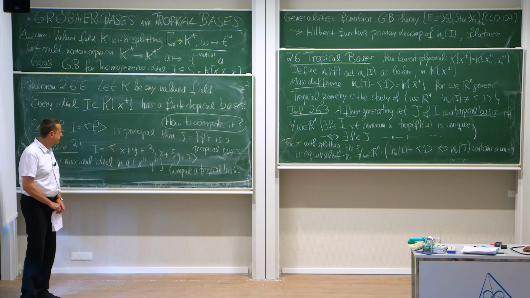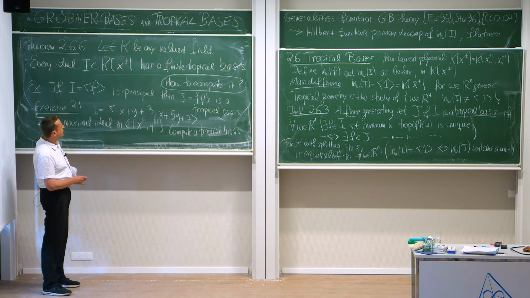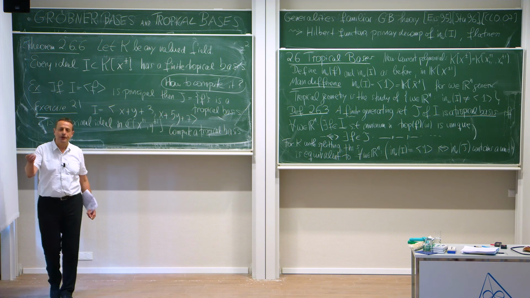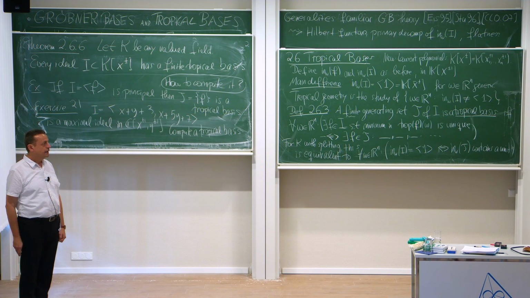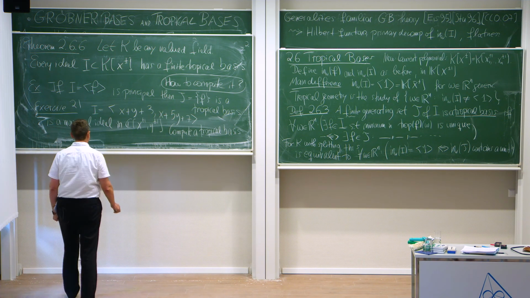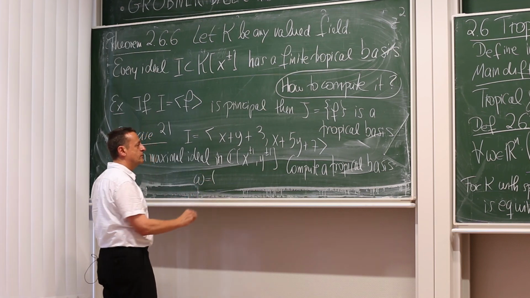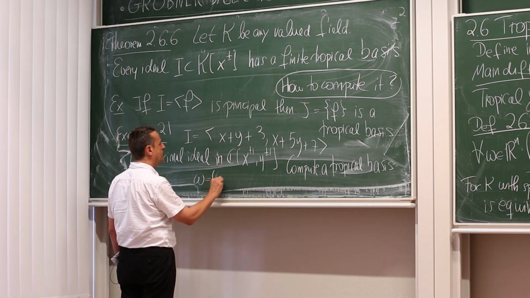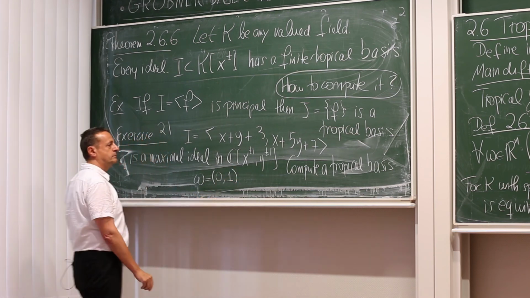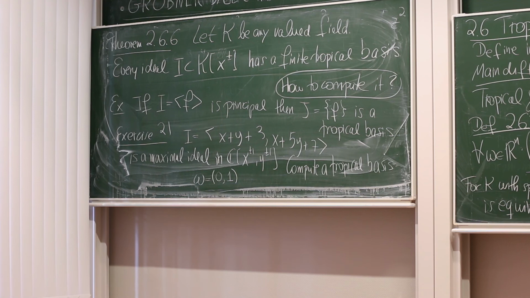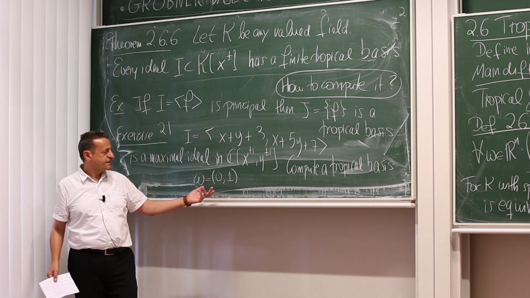Let's try something. This variety is very simple. It's a point in the plane. But let's try, for example, w equals (0, 1). Here the field is the same as the residue field.